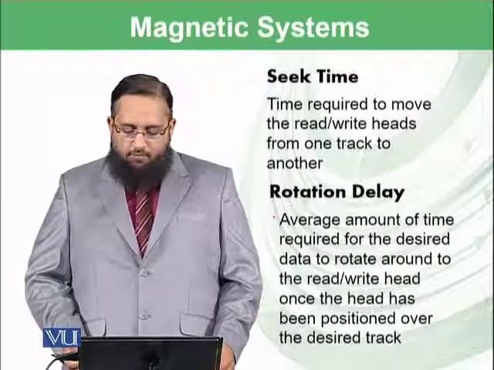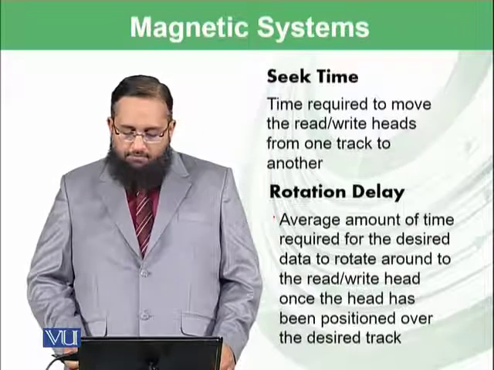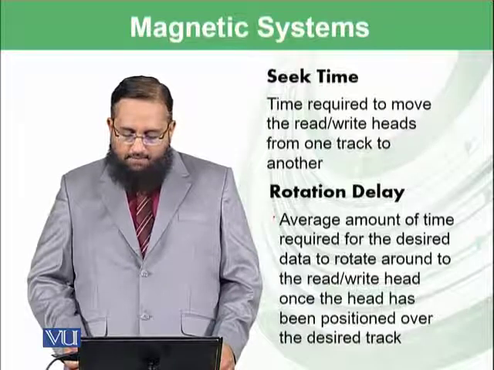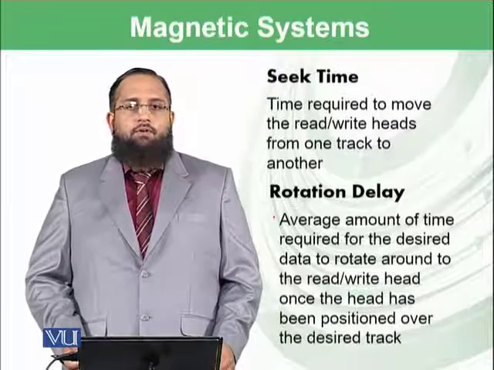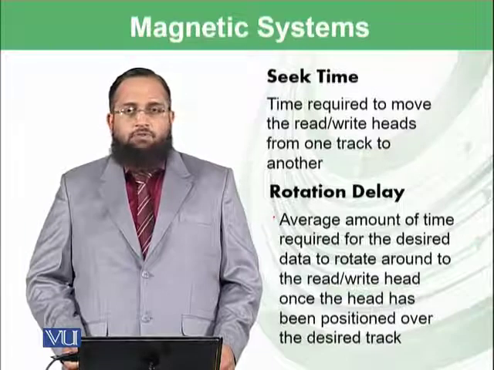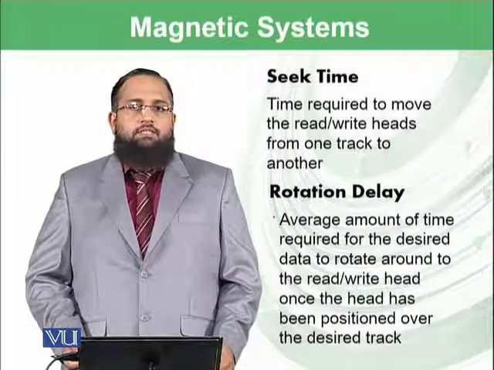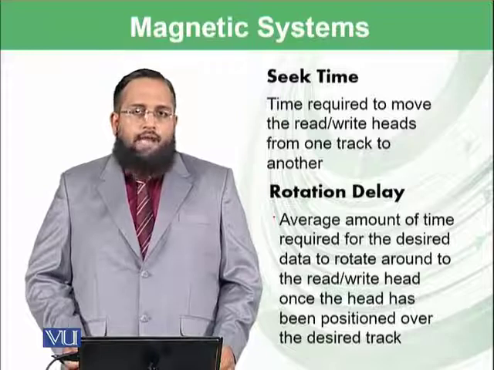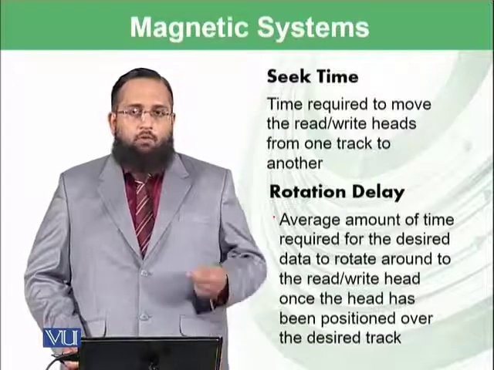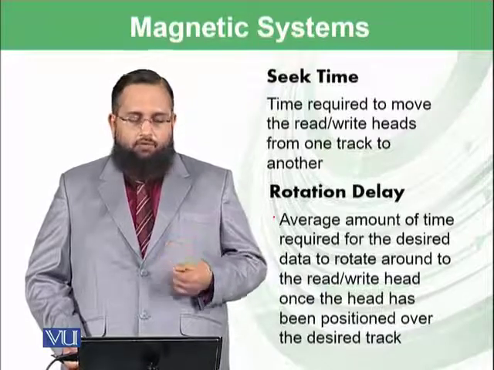It is the average amount of time required for the desired data to rotate around to the read-write head once the head has been positioned over the desired track. For example, your read-write head is positioned at the right track, and then you want to locate which data should be fetched first. That rotation delay, the rotation of your disk, that time is also noted.